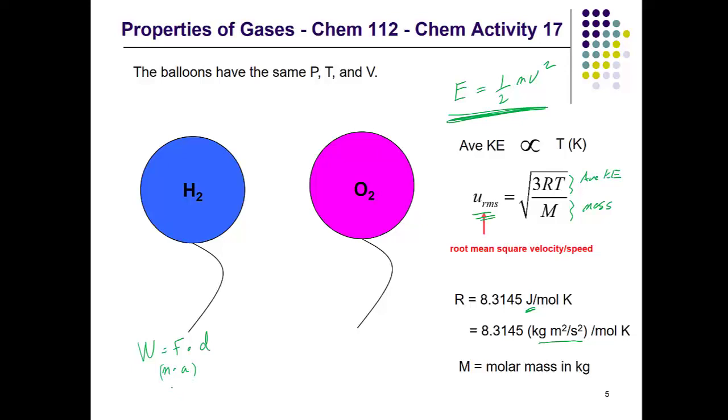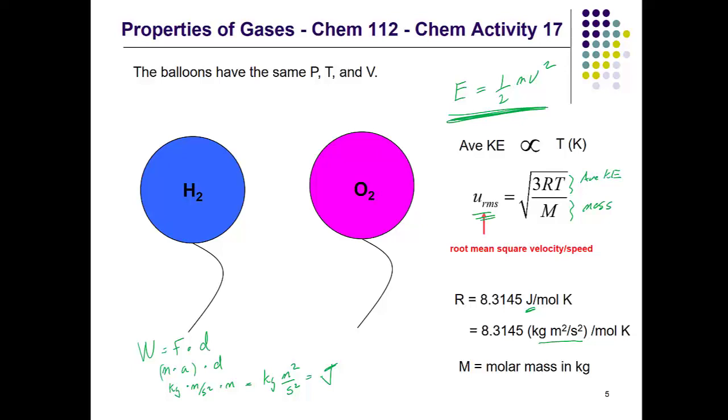The standard unit for mass in physics is the kilogram. Acceleration is meters per second squared. And our distance here is meters. Collectively, that stands for kilograms meters squared per second squared, and all of this is therefore equal to a joule.